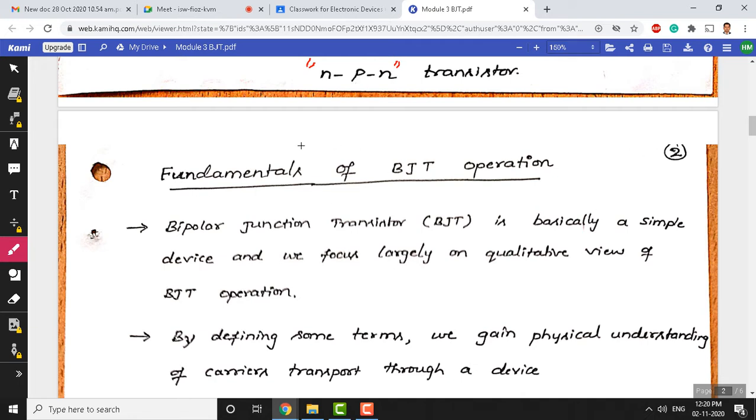Soon after the invention of the BJT, the research paper was published, and people started developing small systems using the BJT, especially logic gates, and later on big systems were developed using the bipolar junction transistor. When the concept of the IC came in the year 1960, because of fabrication, people migrated to the field effect transistor.